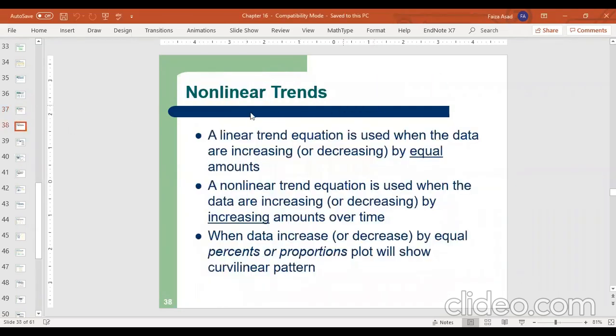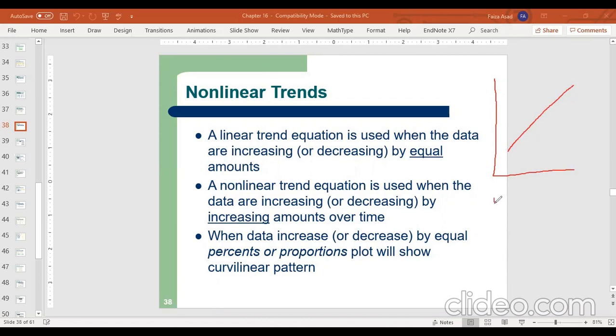So here we have the non-linear trend. What is the difference between linear trend and non-linear trend? In a linear trend, the data is increasing or decreasing by equal amounts, which shows as a straight line, and we interpret this line in units.